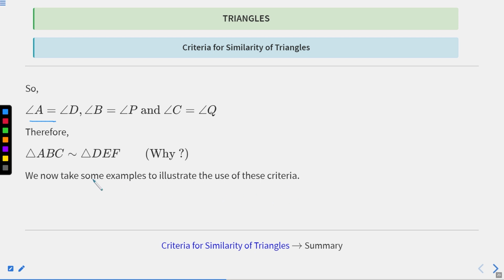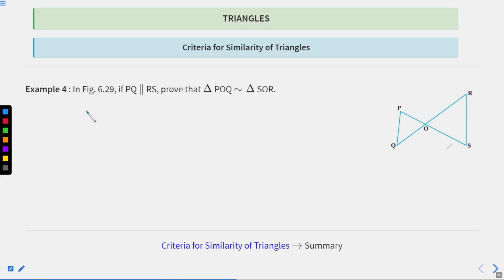Now we take some examples to illustrate the use of these criteria. Here we are given Figure 6.29.